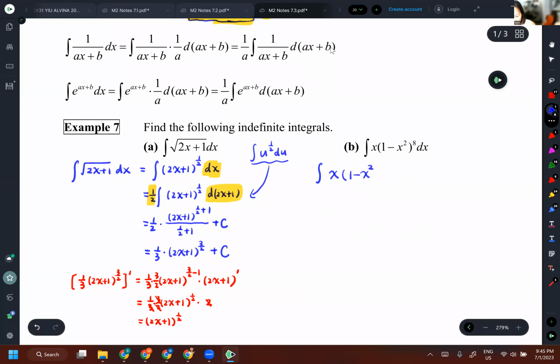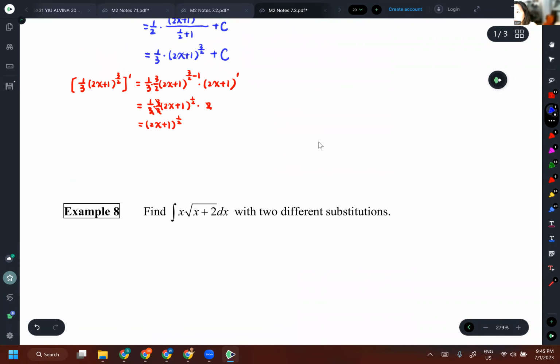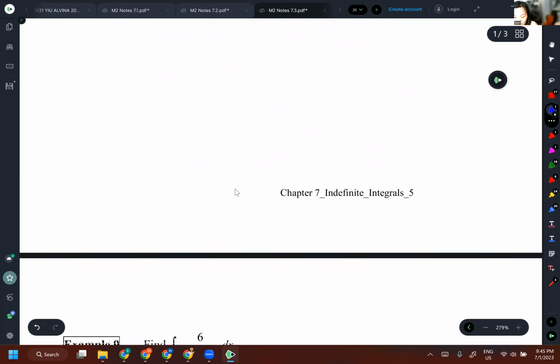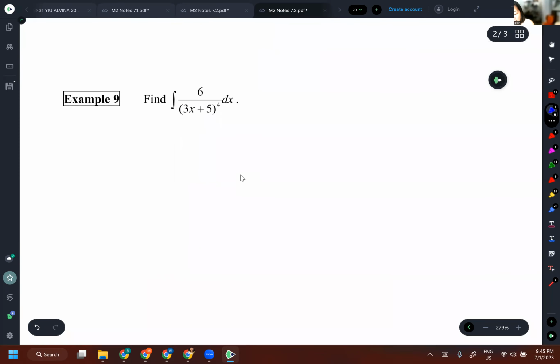Wait, one moment. Not this example. The next example. Sorry, not example 7b. In 7b, we cannot use the same thing, but in example 9, we can use the same thing. In example 9. Next page, example 9.